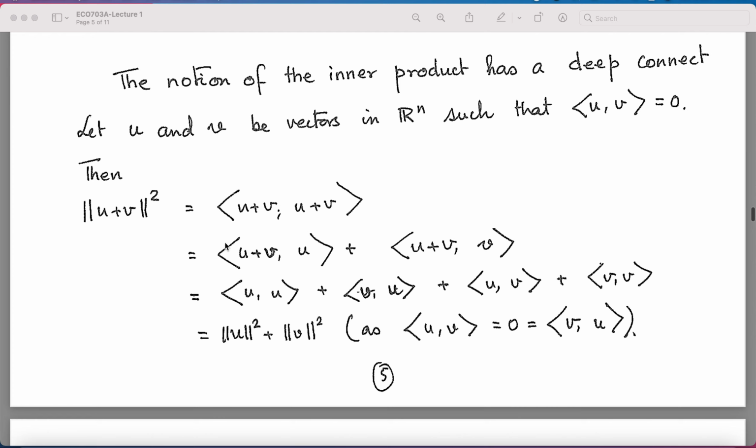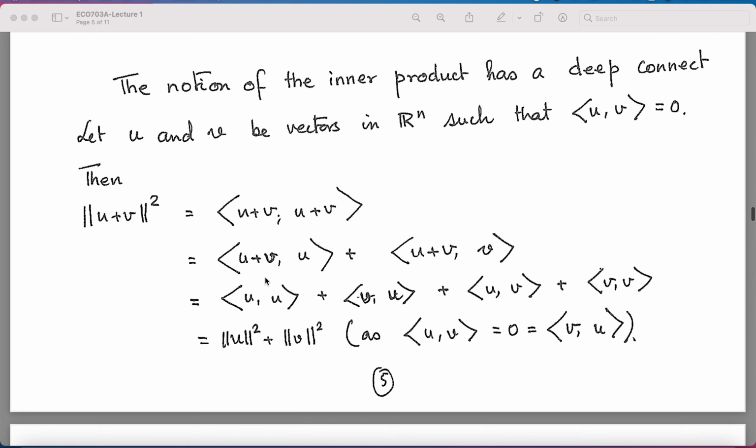Norm of u plus v whole square is the inner product of u plus v with u plus v. So, u plus v is first taken with u. This is now fixed, thought of as one vector, like w, inner product u plus v, w into u plus w into v. Applying the inner product rules, it will be inner product u with u, v with u, plus u with v, plus v with v.